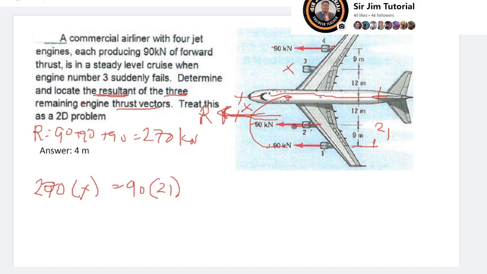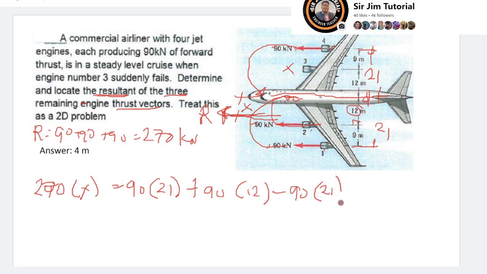And have the force of 90 at number 2 is going here. So the distance is 12. So you have 90 times 12. Now, you have another force here from the top. It's anti-clockwise. So that becomes minus 90 times this distance here to the center, which is equal to 21.